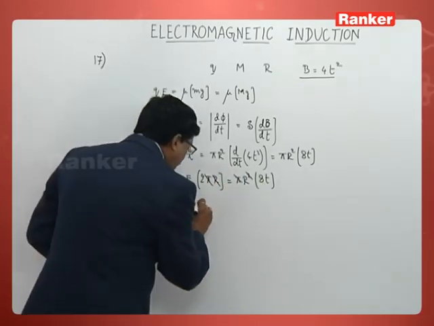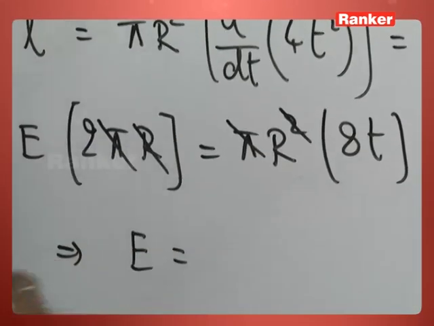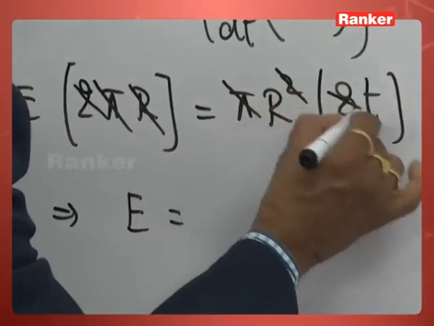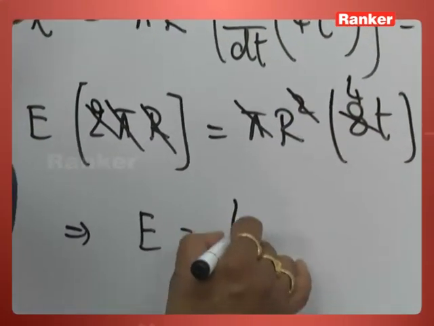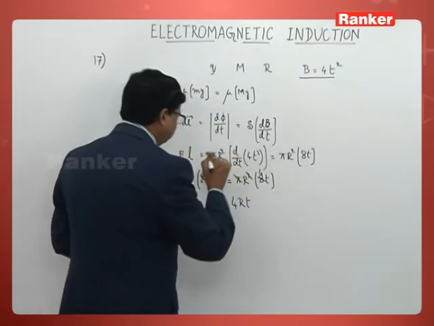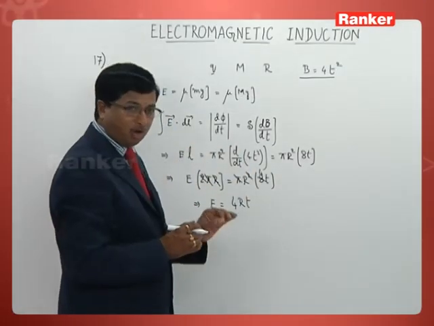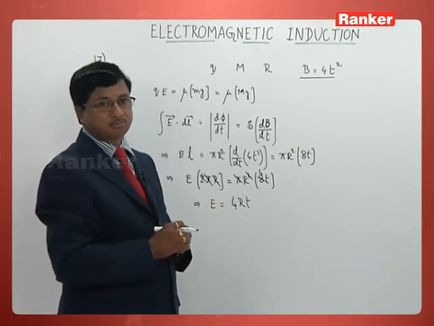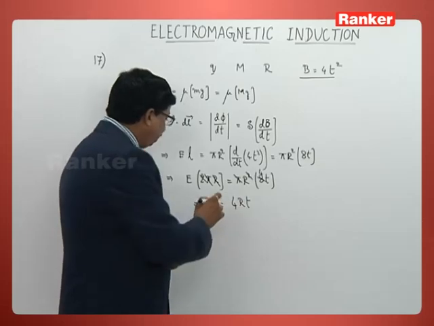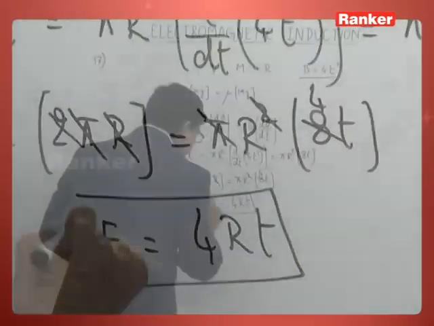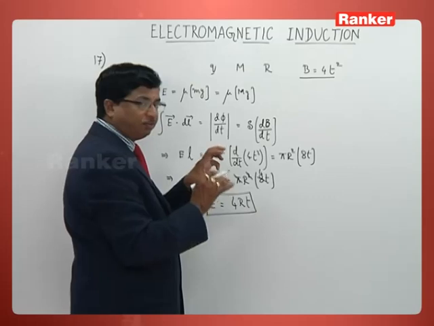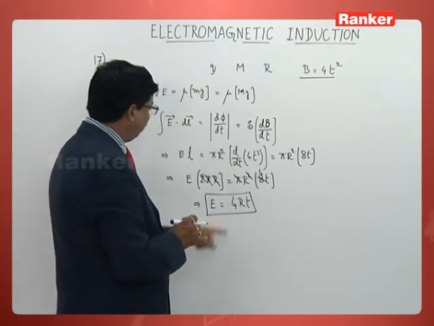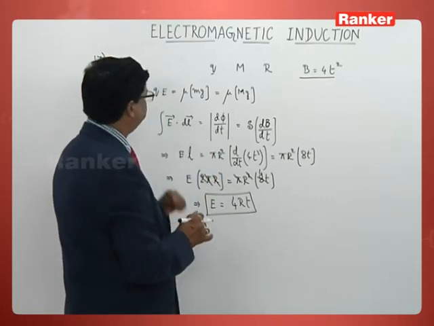What is the value of electric field intensity now? This 2 also cancels, giving 4 times, so 4 rt. That is what we have got as far as the electric field is concerned. The electric field strength, in terms of the radius of the ring and time, is 4 rt.